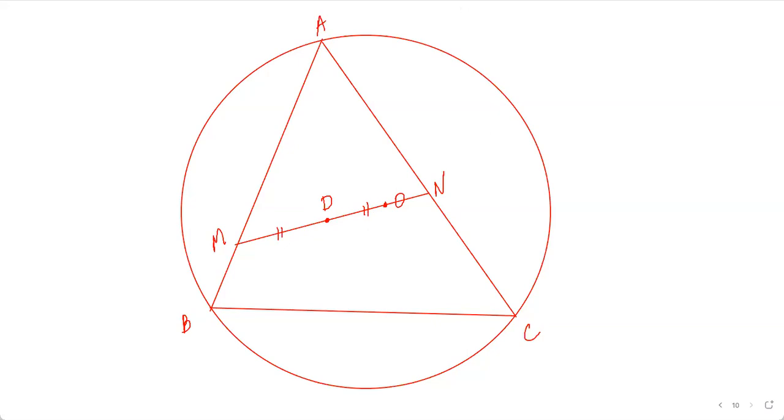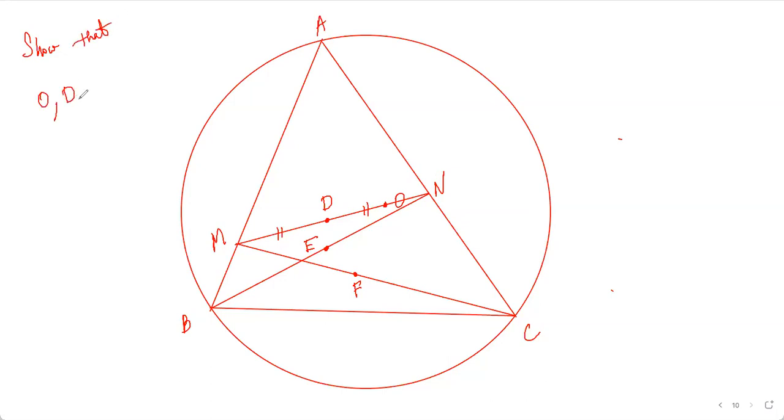And I join MC and BN, and I take the midpoint of MC and name it as F, and I take the midpoint of BN and name it as E. So all I have to show is that O, D, E, F are concyclic. Let me know if the problem is clear.